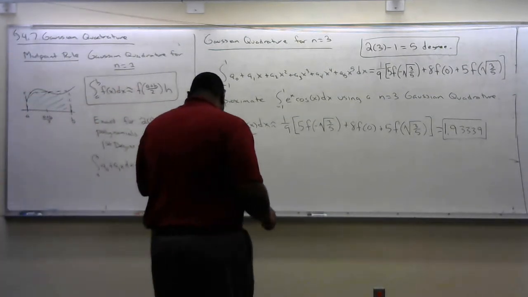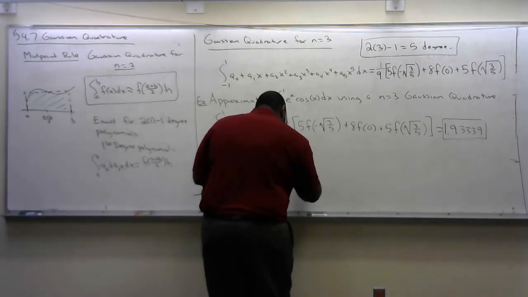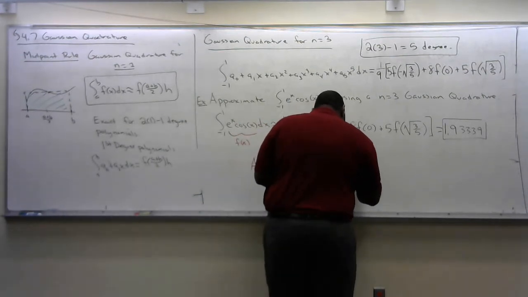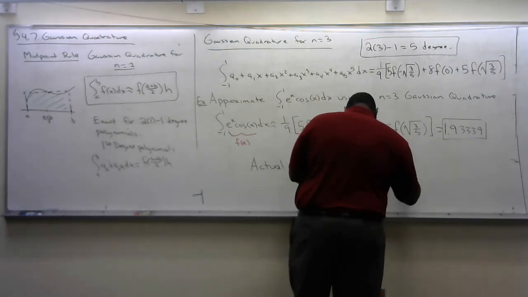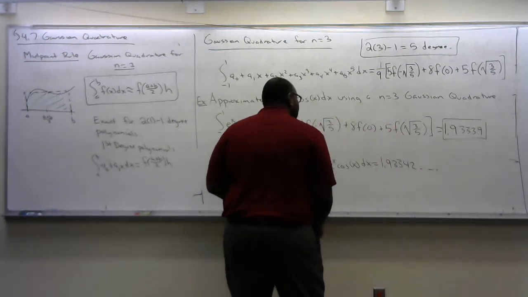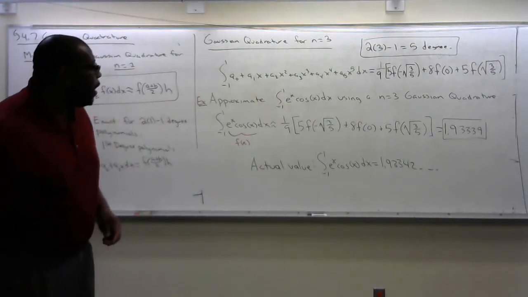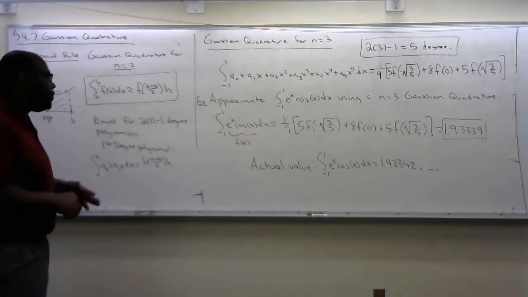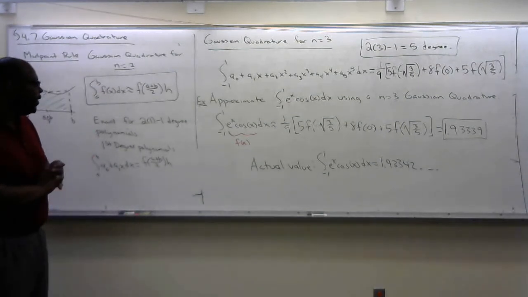The actual value when I integrate this in my calculator, I got to be 1.9342. This is a pretty good approximation, I would have to say. This Gaussian quadrature gave a pretty good approximation of e to the x cosine of x just using 3 points. So Gaussian quadrature can be very useful stuff.